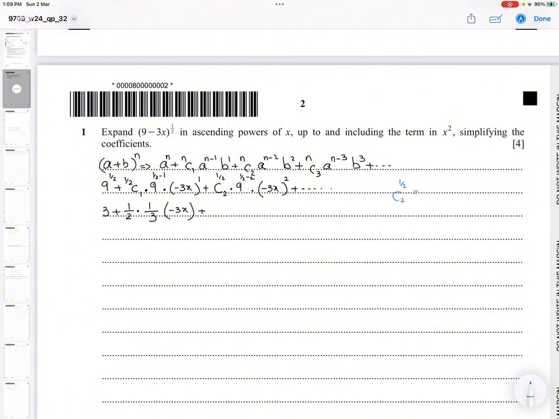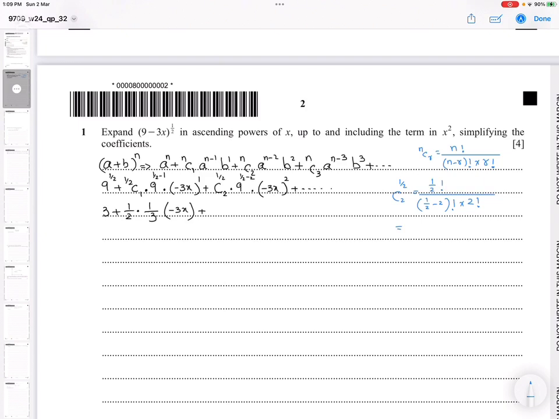This is 1 over 2 factorial over 1 over 2 minus 2 factorial into 2 factorial. I'm following the same formula, nCr equals n factorial over (n minus r) factorial times r factorial. So our n is 1 over 2, our r is 2.